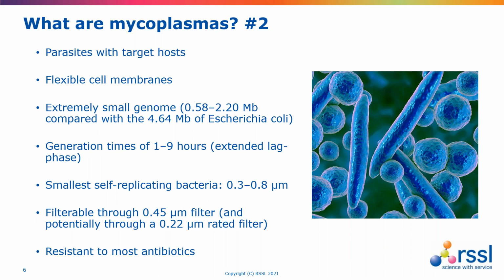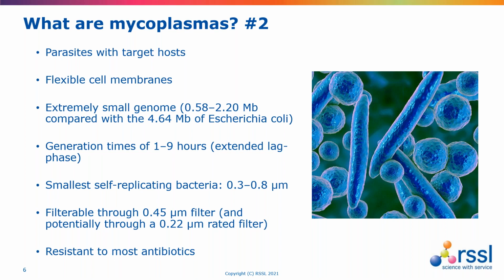So mycoplasma genomes range from 0.58 to 0.2 megabases, and that can be contrasted with the number of bases found in E. coli, which is 2.5 times higher. They also have extremely long generation times compared to most bacteria.